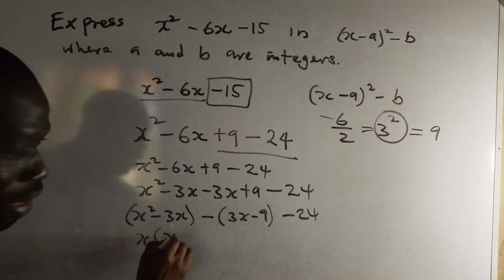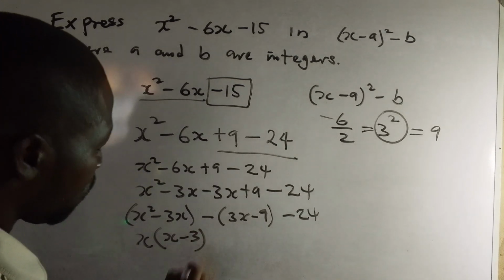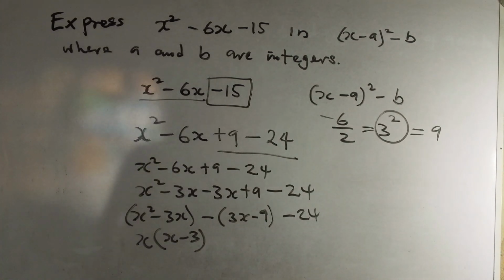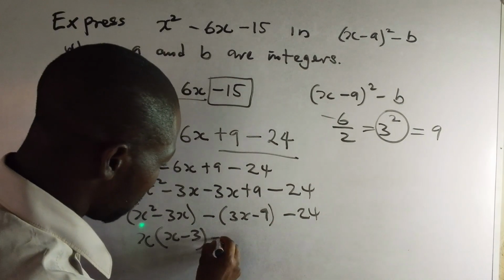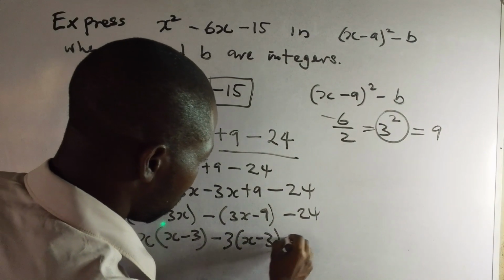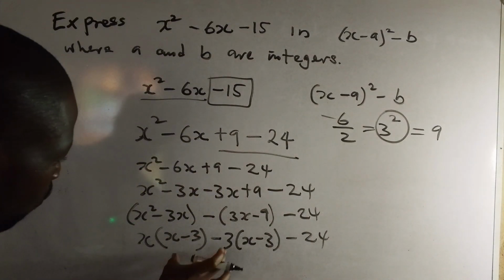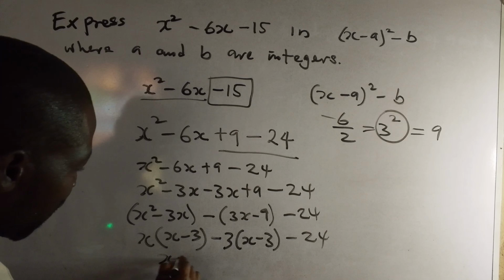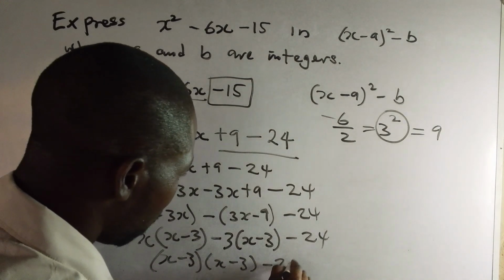What is left is x minus 3. What is common on this side is minus 3, and you are left with x minus 3, minus 24. So you can see that x minus 3, x minus 3. So when you take x minus 3, you have (x minus 3) into (x minus 3), minus 24.